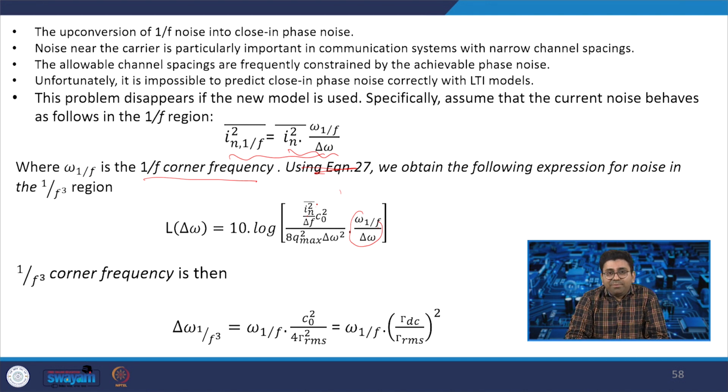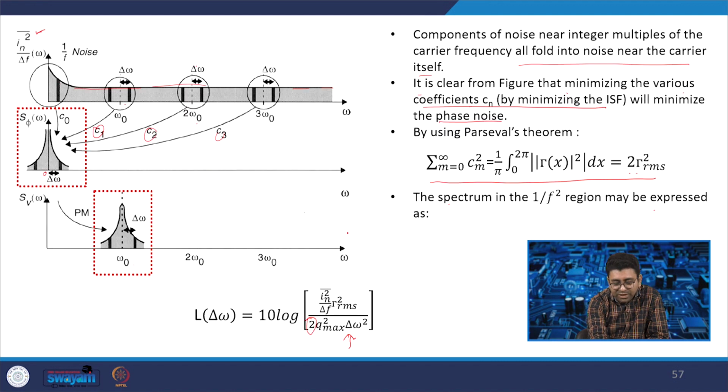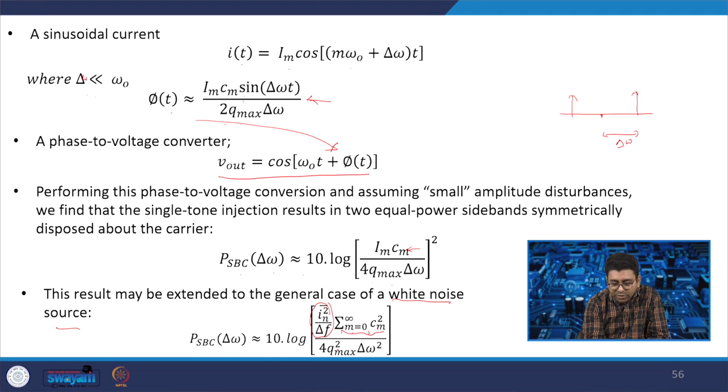So, the 1 by f cube corner frequency we can write using this equation: delta omega 1 by f cube is equal to omega 1 by f into c naught square by 4 gamma RMS square. Here we have considered the same c naught square by gamma RMS square.